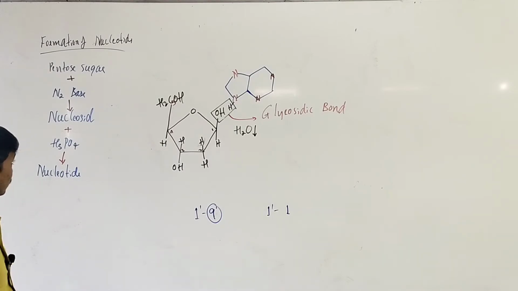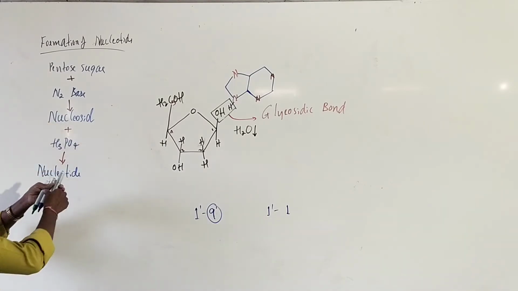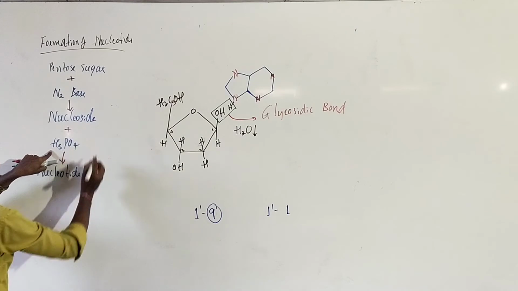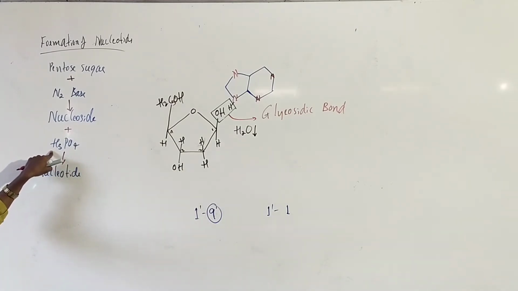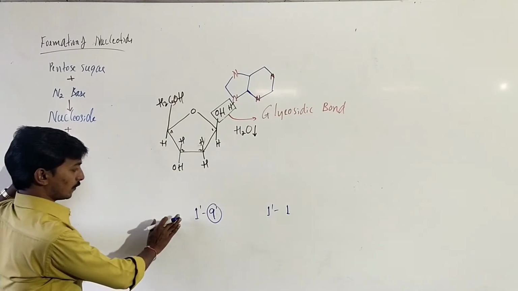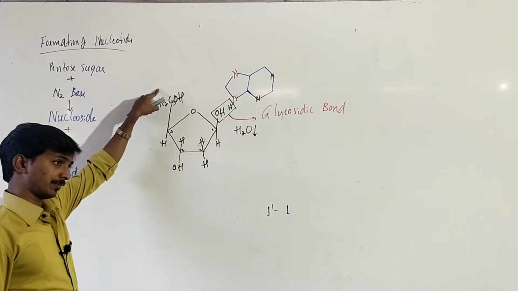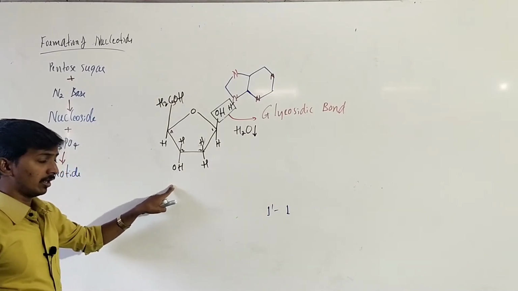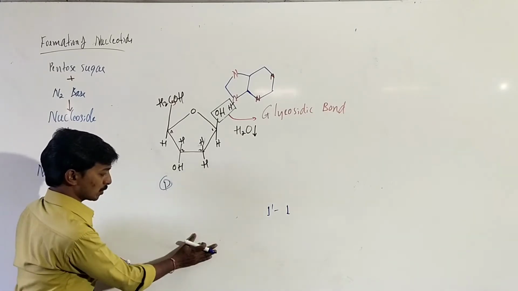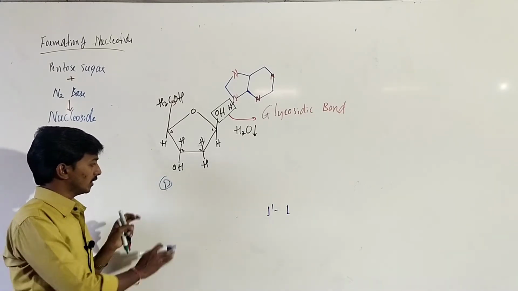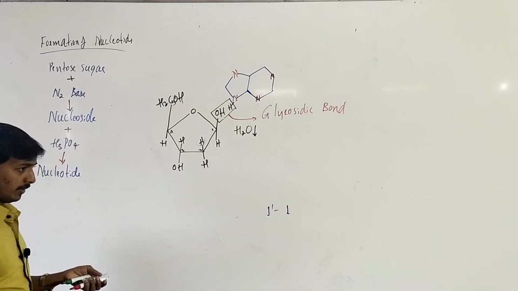And now for this nucleoside, one phosphate will bind. Okay, so the phosphate will bind at the third position or fifth, in both the positions. One phosphate here, again next sugar, next phosphate will bind. Okay, we'll see how this phosphate will be bound here.